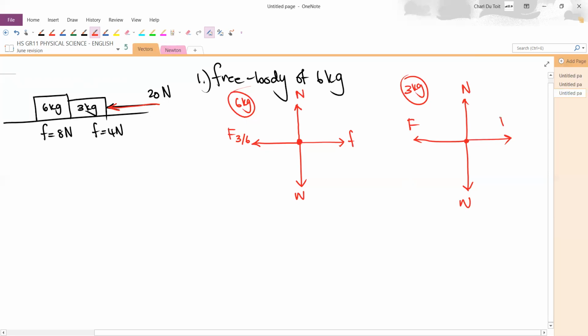To the right, we have the force of the 6 on the 3. And also to the right, we have friction. Look at that one. Can I just finish drawing? Quickly draw those two.